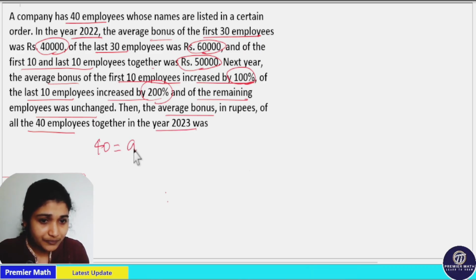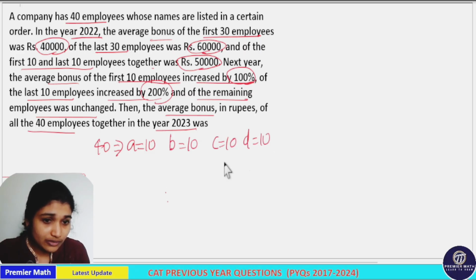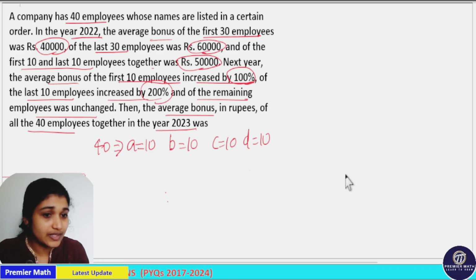If I'm taking 10 plus 10 plus 10 plus 10 format, I can take A, B, C, D total, A equal to 10, B equal to 10, C equal to 10, and D equal to 10. That is, A represents 10 people, B represents 10 people, C represents 10 people, and D represents 10 people. Now here, the average of the first 30 employees is 40,000.